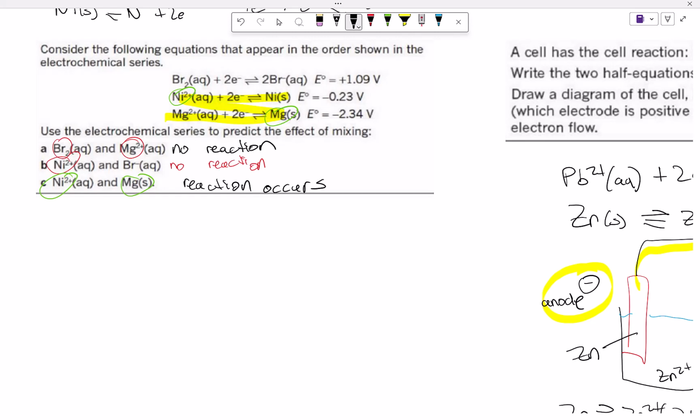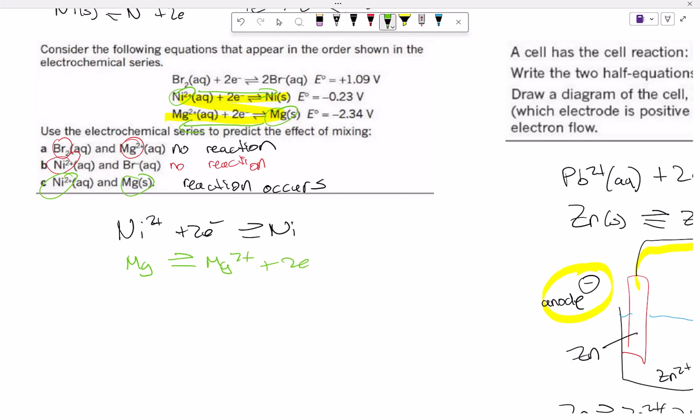You'd basically get the nickel 2+ plus 2 electrons goes to nickel, and here you would have, remember, this reaction goes like that. I write it like that. This reaction, I write it like that. So in that case, the Mg goes to Mg2+ plus 2 electrons.